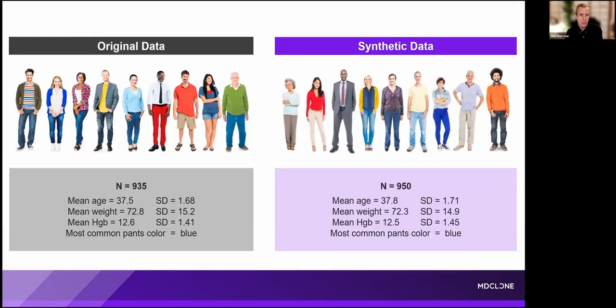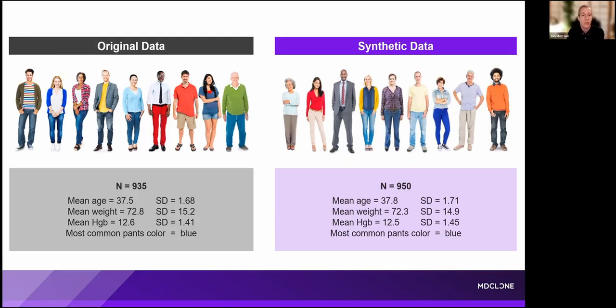On the left, you see a representation, a cartoon of an original data set, in this case with 9 individuals. The individuals vary in their shapes and sizes, in their clothing, in their genders, and this is representing a larger population. On the bottom, you can see some descriptive statistics for this actual population of patients.